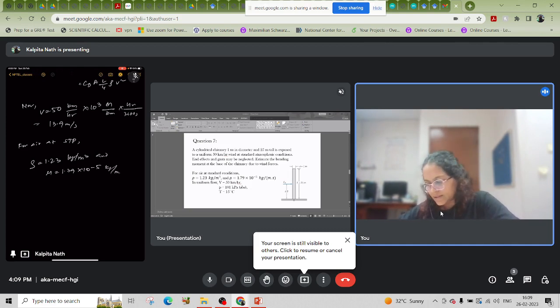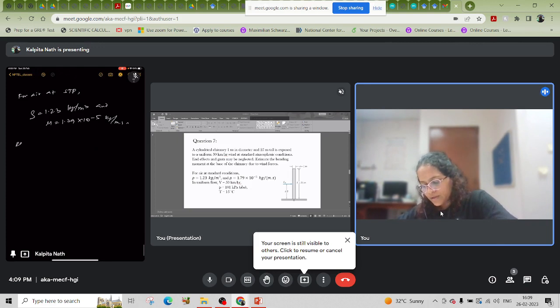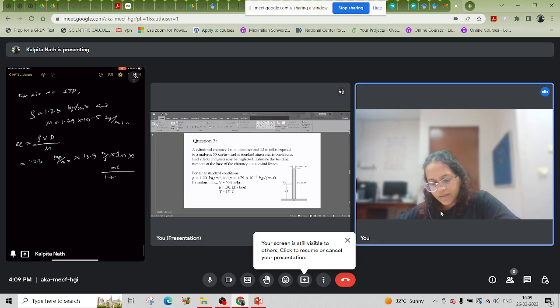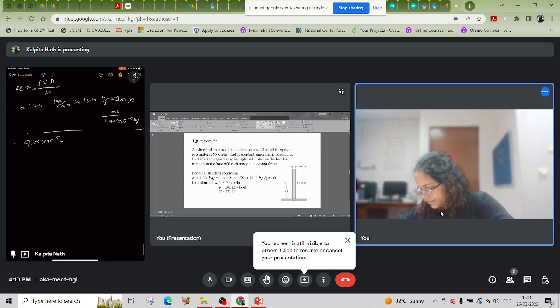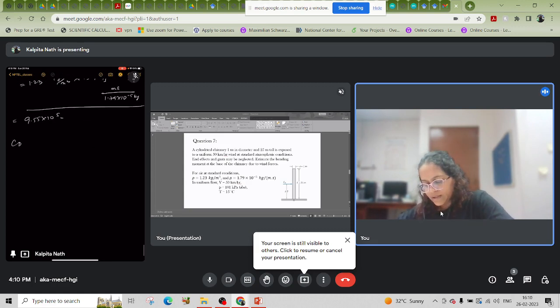10 to the power minus 5 kg per meter second. Therefore, Reynolds number is equal to rho V d by mu. That is 1.23 kg per meter cube into 13.9 meter per second into 1 meter upon 1.79 into 10 to the power minus 5 kg per meter second. So this upon this will be 9.55 into 10 to the power 5. So what will be the CD corresponding to this?